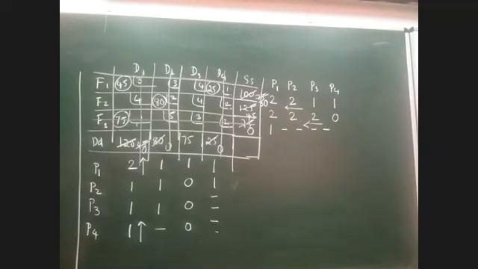Please remember this condition carefully. Whenever penalties are to be calculated, minimum 2 rows and 2 columns should be present. It's not or, it is and. Both columns and rows should be at least 2. But here, since the number of columns has become 1, I'll not be able to calculate penalty anymore.